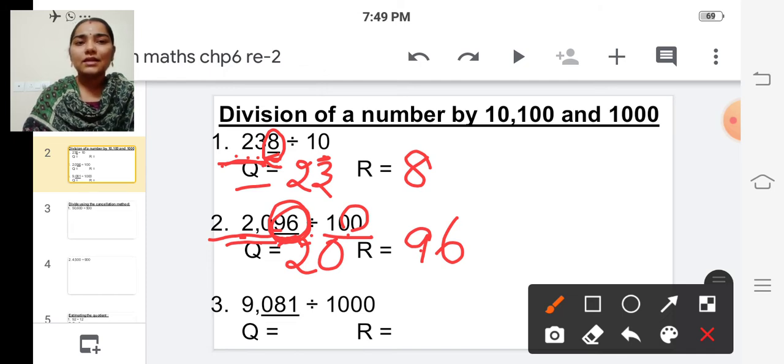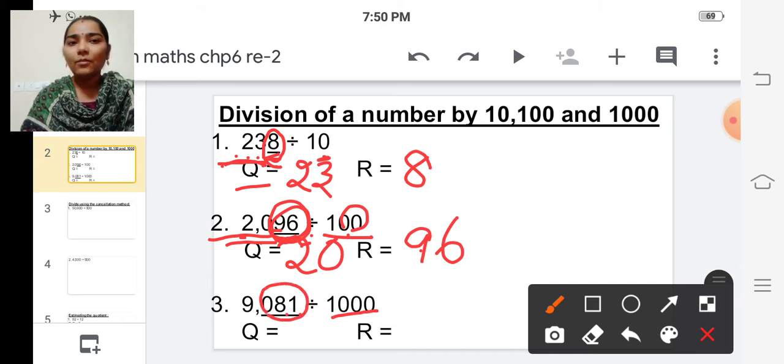Yes. The next one, if we divide a number by 1000. So in 1000, 3 zeros are there, isn't it? So the ones, tens, hundreds digits will form the remainder and the remaining digits will be the quotient. Okay. So see the example, 9081 divided by 1000.